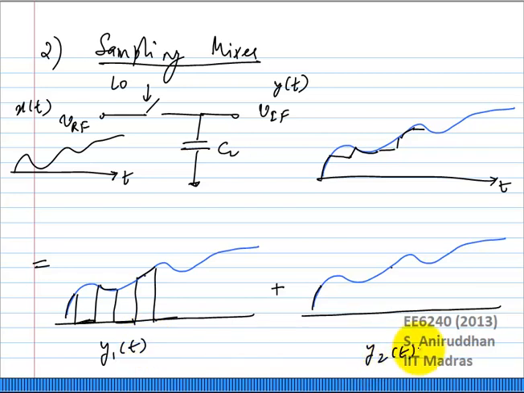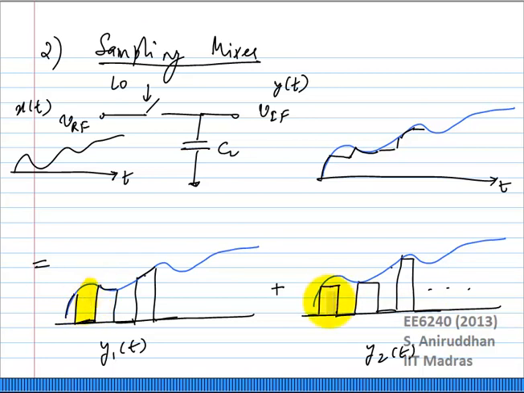What is the other portion? The other portion is just a sample and hold. So it's going to sample it, and you won't see the tracking portion. So you'll see this portion, and so on. This is the other half of the cycle.